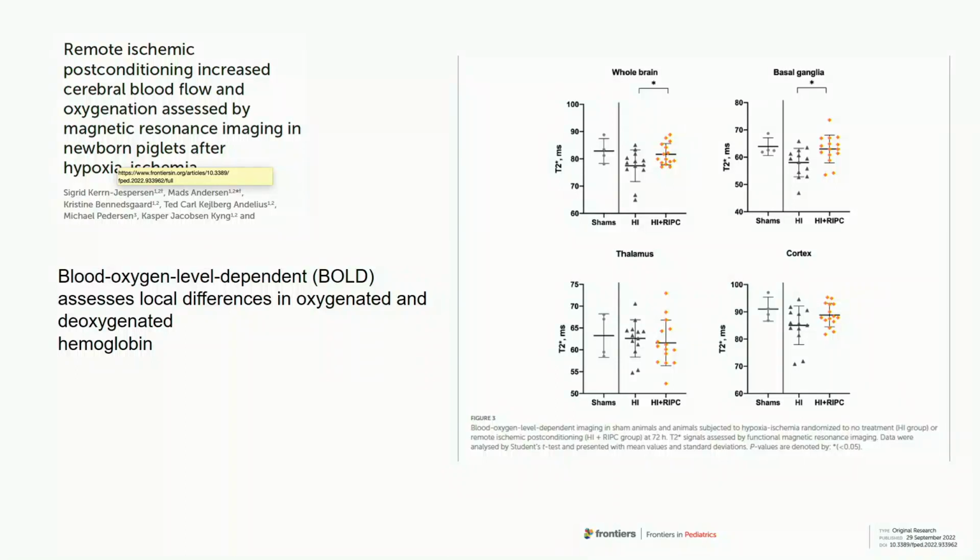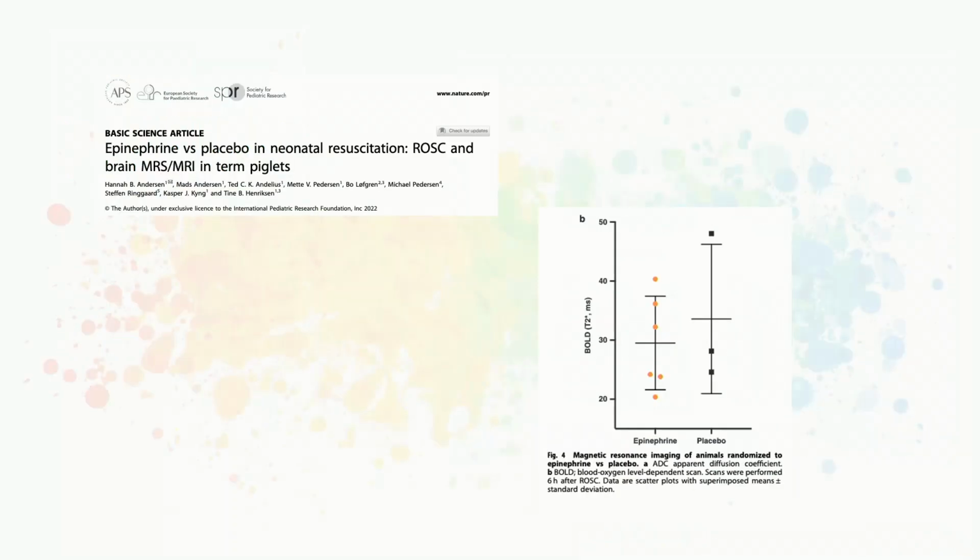We also found that there were higher T2 values with post-conditioning in basal ganglia and in whole brain, but not necessarily in all brain regions. This is BOLD from the cardiac arrest model. Not statistically significant, these are quite few animals that had a scan done, but it seems, based on this outlier, to be higher in the placebo group.